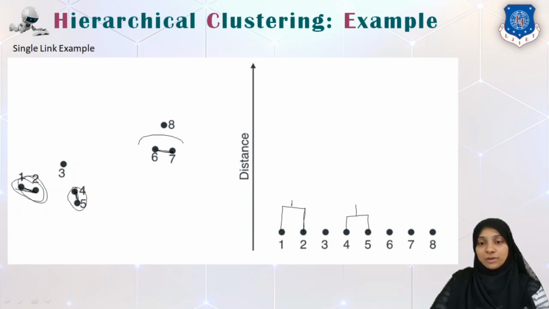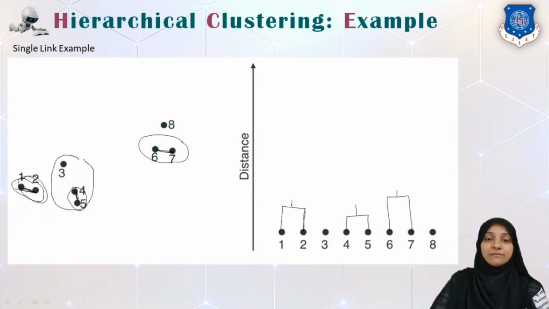Okay, so we are going to make a cluster of 6 and 7. 6 and 7 have more distance as compared to 1 and 2, so they are getting added. Now we can find the distance between 8 and 6, 8 and 7, 3 with 2 and 3 with 4. So to me it appears that 3 is nearer to this particular cluster of 4 and 5, by the minimum distance of 3 and 4.